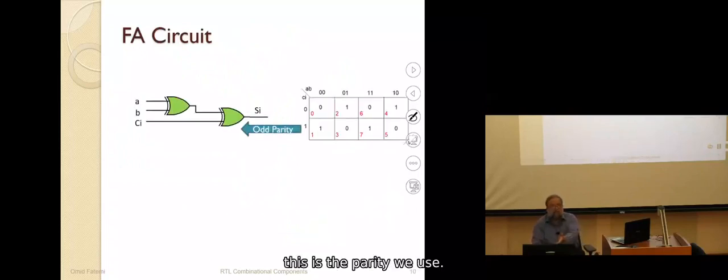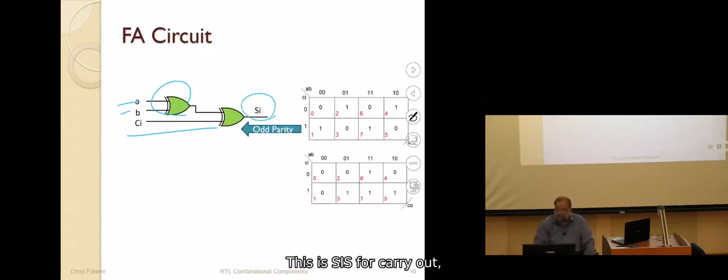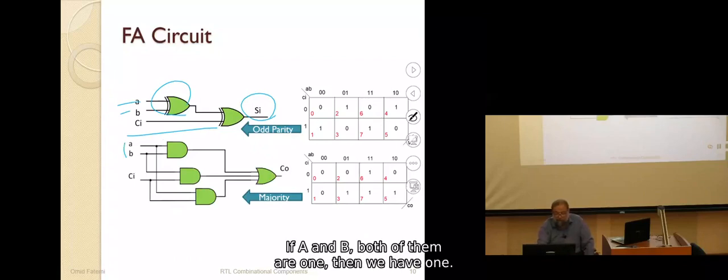So this is the parity. We use XOR, AI, BI goes there, and then the result goes with XOR with CI. So this is SI. And for carry out, we use majority calculation. If A and B, both of them are 1, then we have 1.